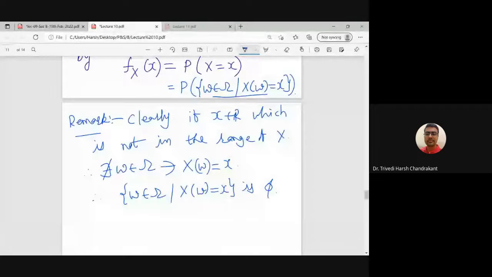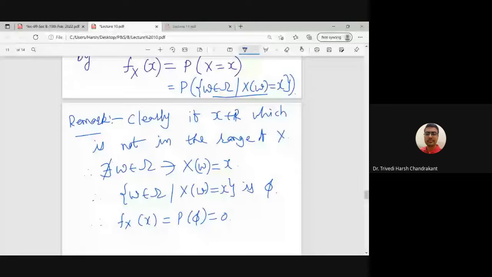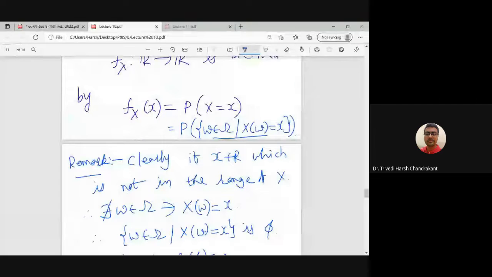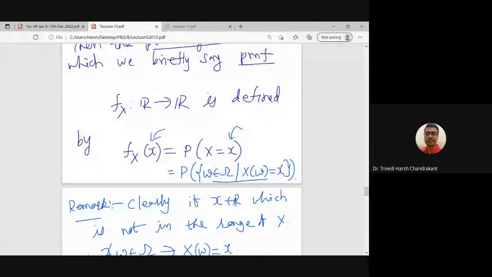So whenever x is not in the range, this function at that point is 0, because the probability of the null set is 0. So that means this function we need to find at only those points which are in the range of the random variable X.